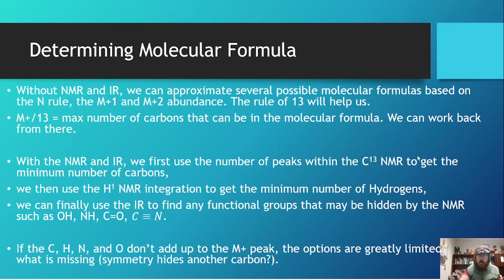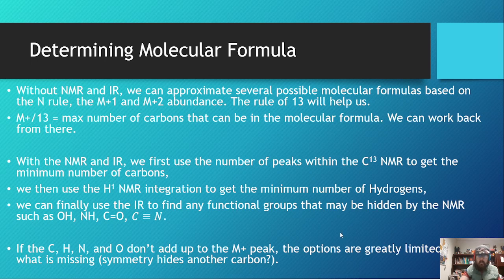So 13 is carbon and hydrogen, and you add extra hydrogens to fill in the rest of the mass. And that is just one possibility. Then you can exchange one of those carbons and some hydrogens for oxygens or nitrogens or any other functional groups. We're going to use IR and NMR to help us, so we don't usually have to determine the molecular formula entirely from just the mass spec.